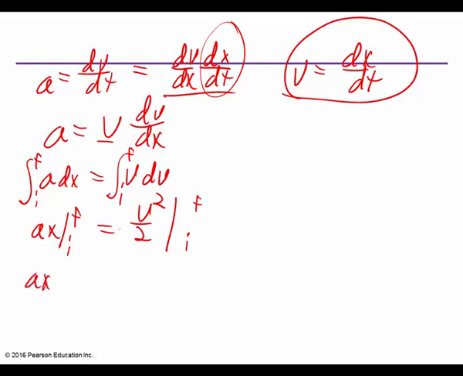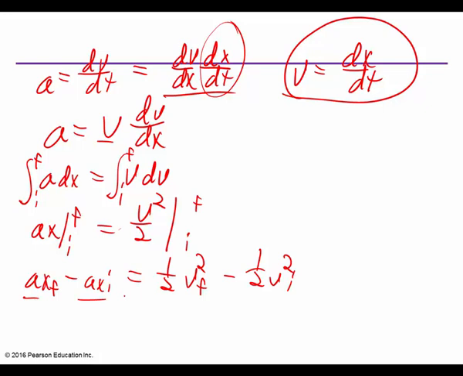We have ax final minus ax initial is equal to 1/2 v squared final minus 1/2 v squared initial. So what we can do then, notice we've got two terms that are the same. Ax is ax.